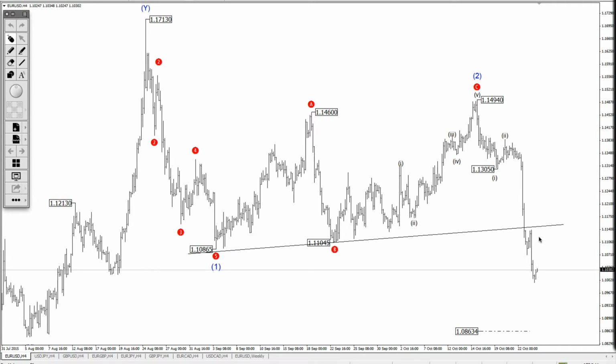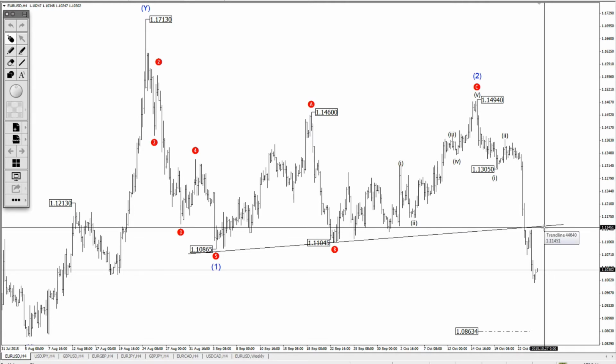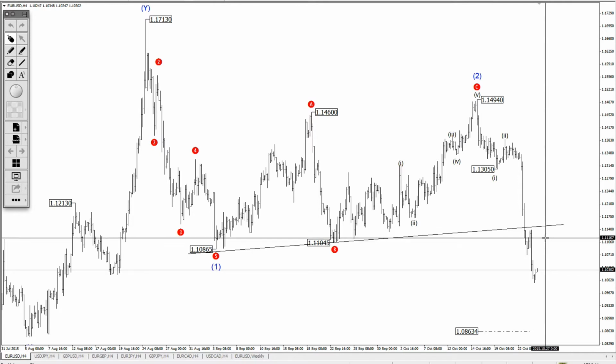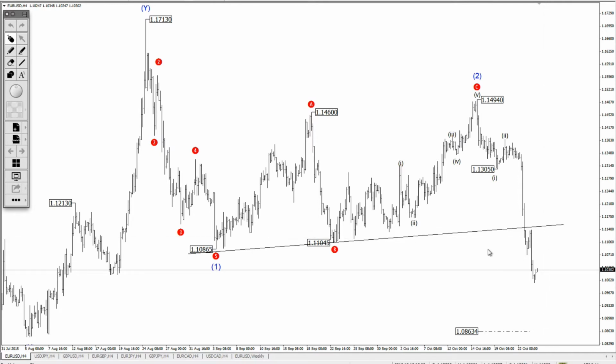We might see a pullback towards the trend line around 111.4, maybe not that high, maybe slightly lower, maybe 111.2 levels, but I am not going to try to trade this possible correction. I'm going to wait. I'm going to put a sell stop order in Euro-USD and also in other Euro pairs. So we are basically going to trade this and try to catch this Euro weakness that has been evident lately.